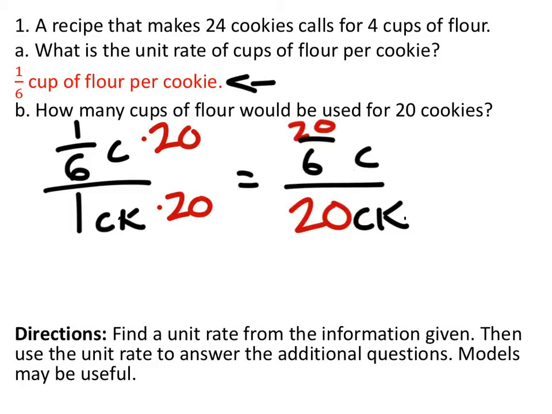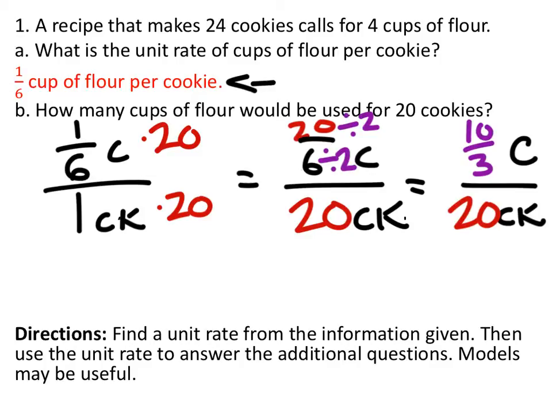So what I have is 20/6 cups of flour for 20 cookies, but that can be simplified as well. And we see here now that we have 10/3 cups of flour for 20 cookies, and that right there is our actual final answer.